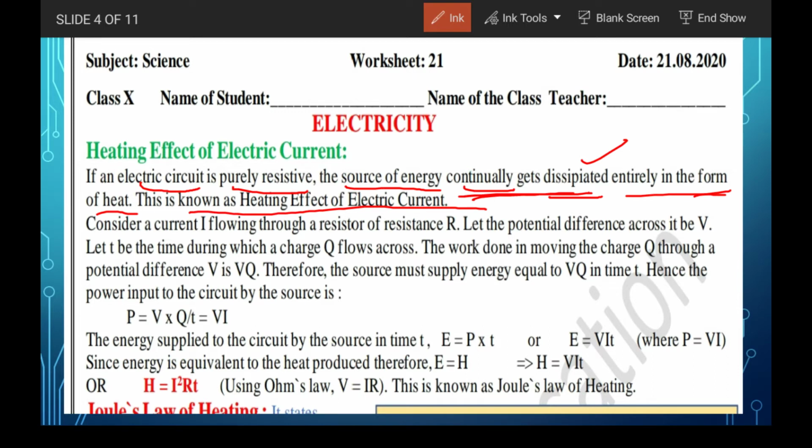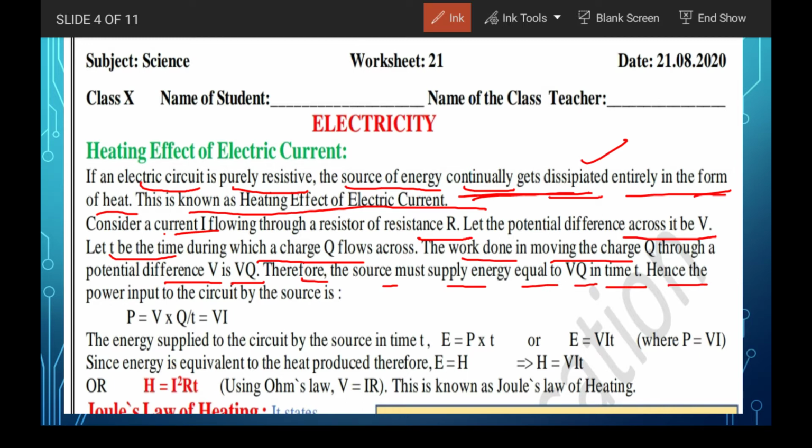Okay, consider a current I flowing through a resistor of resistance R. Potential difference is V. Let t be the time during which the charge Q is flowing through it. The work done in moving the charge Q through potential difference V is VQ, that we have read earlier. Therefore, the source must supply energy equal to VQ in time t.